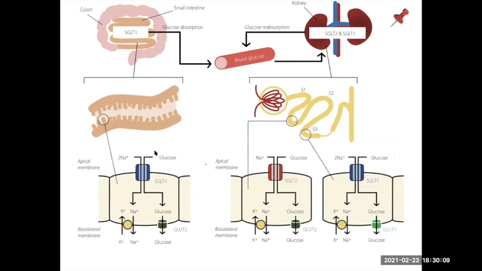Here are those sodium glucose channels, the secondary active SGLT sodium glucose transporters, right? They're bringing glucose in with the help of the sodium ion concentration in the lumen of your small intestine into the cell. Once it gets into the cell, you're absorbing it, you want to put it into the body.